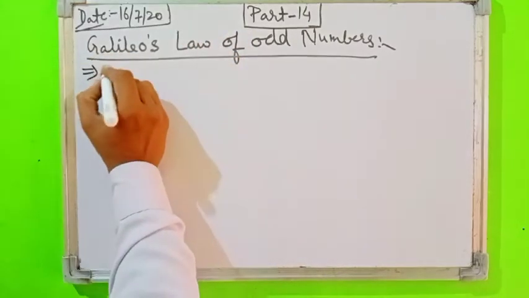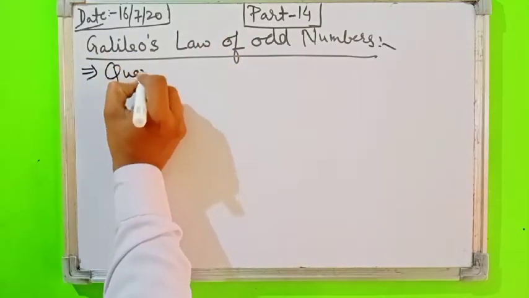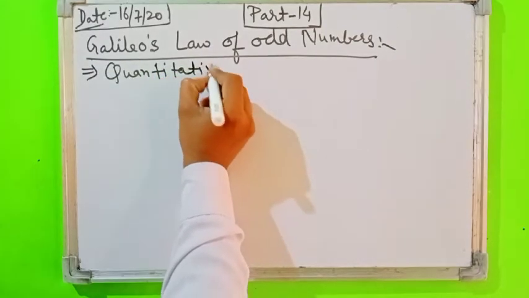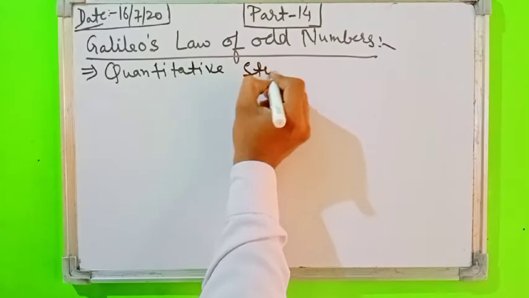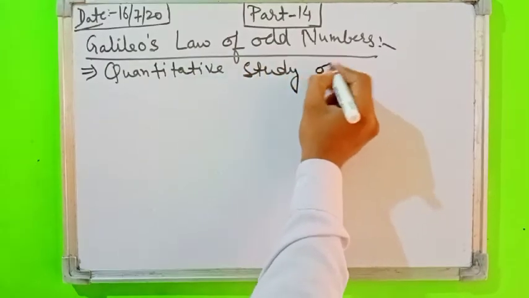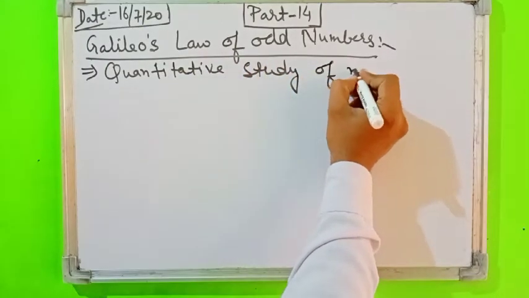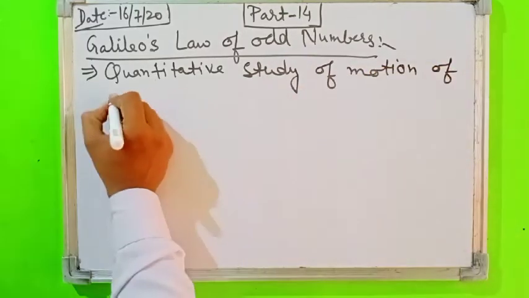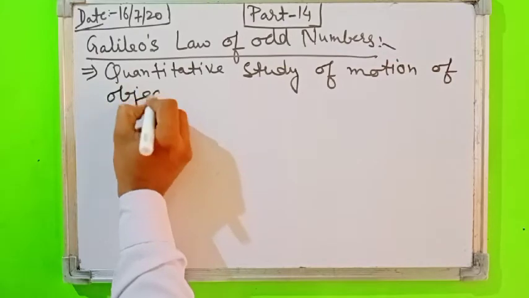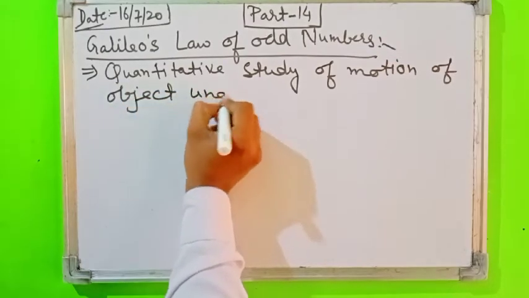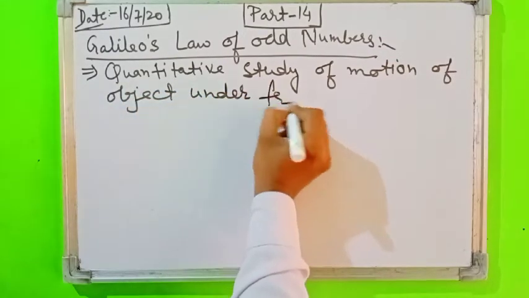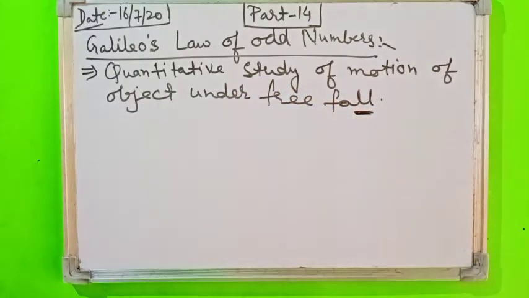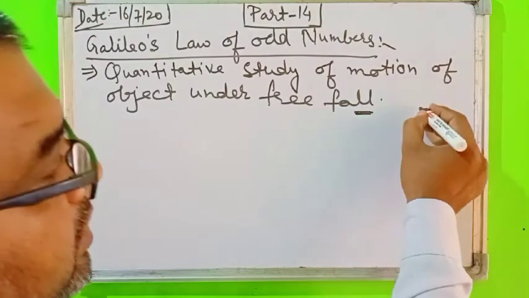This law deals with the quantitative study of motion of an object under free fall. It means, what if an object is falling freely.